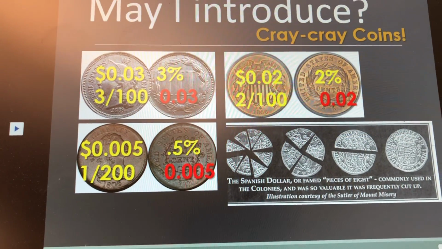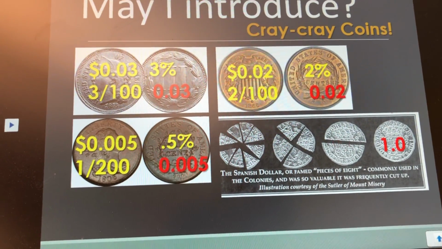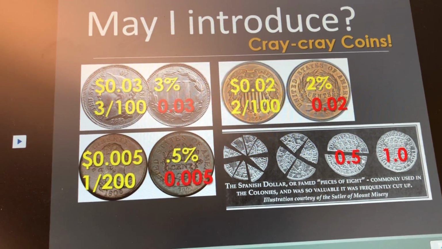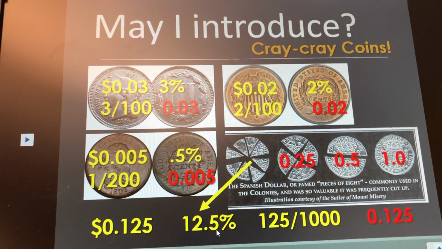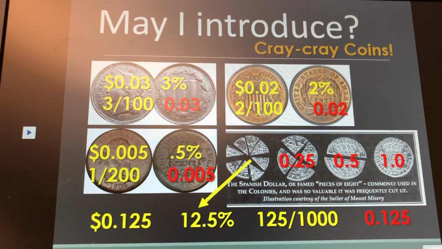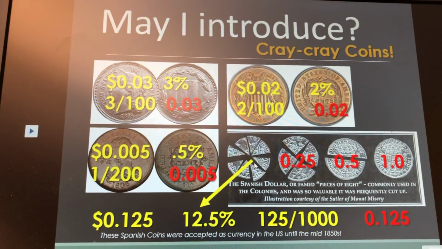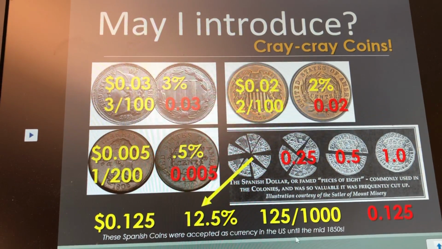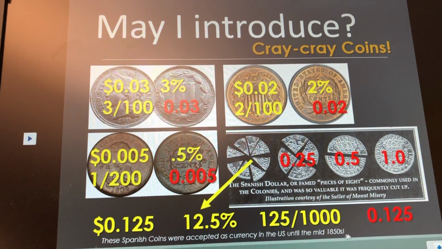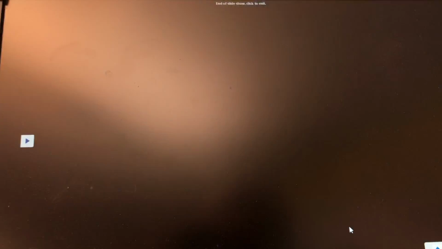That was a cheer when I was a kid. I don't know if you still use it. So there's a whole dollar, there's a half dollar, quarter dollar, 12.5%. Yeah, gets awkward about there. It says these Spanish coins were accepted as currency in the United States until the mid-1850s. And that's the bell to start school, or maybe it's the bell to end this PowerPoint.